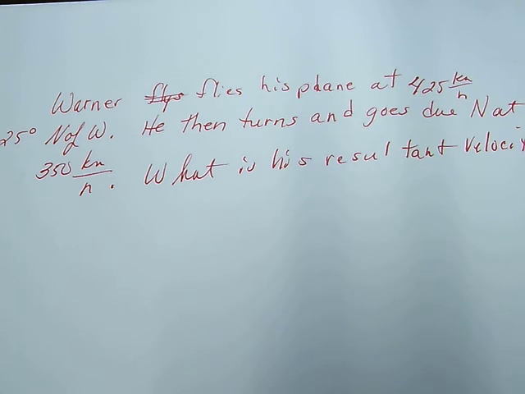Okay, so I got 655 at 54 degrees north of west. Is that what y'all got? I got 50. Did you say inverse tangent of 530 over 385? No, you can't use that again.